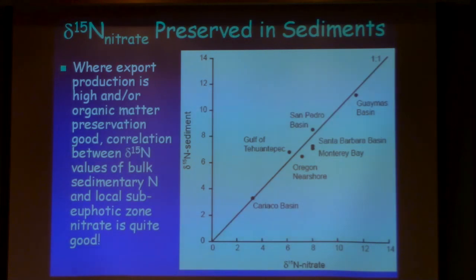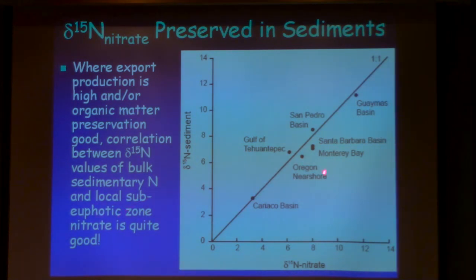All right, one thing that we can use the nitrogen isotopic composition of nitrate for is to begin to estimate through time what the balance of these processes are.